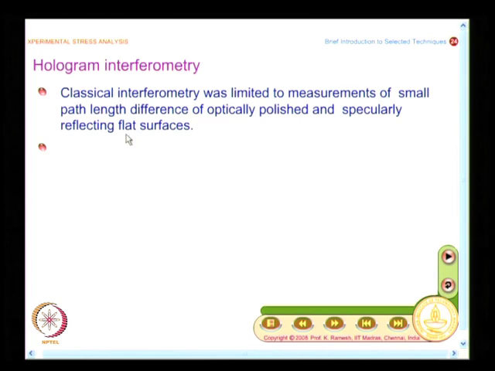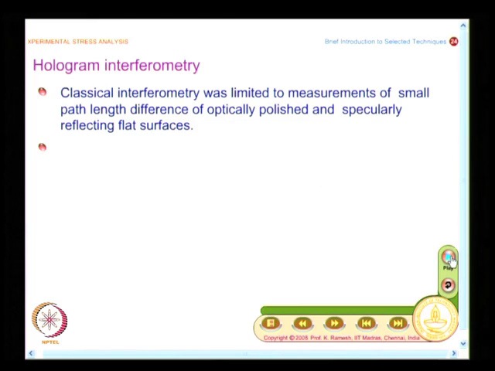The key point here is that you are looking at polished flat surfaces, and you are also confining your attention to small path differences. So, even a mercury arc lamp is sufficient to reveal that kind of information.